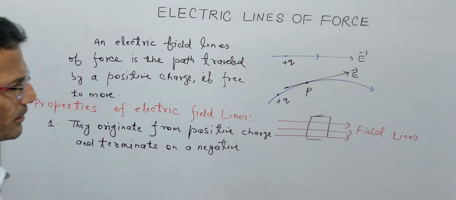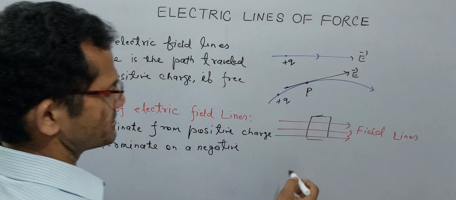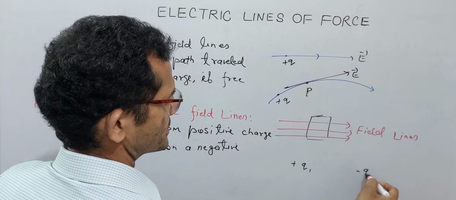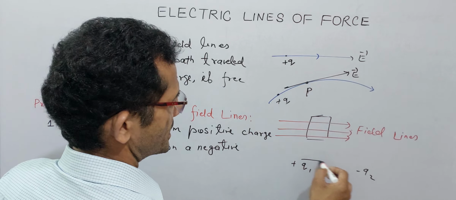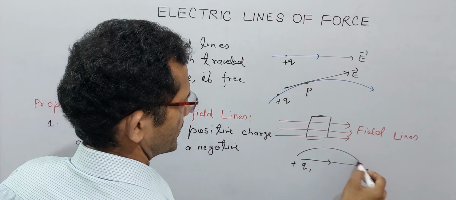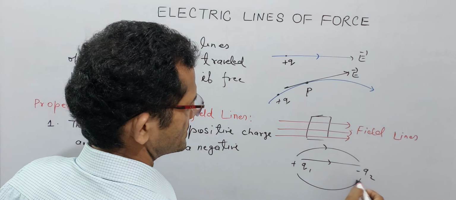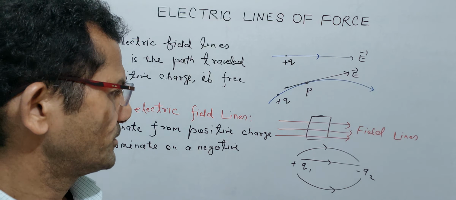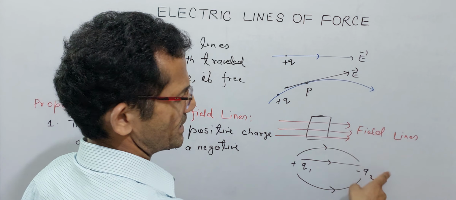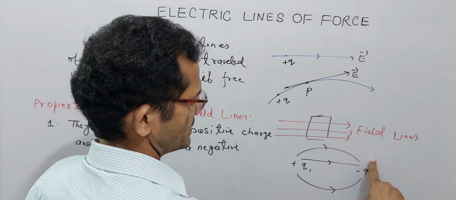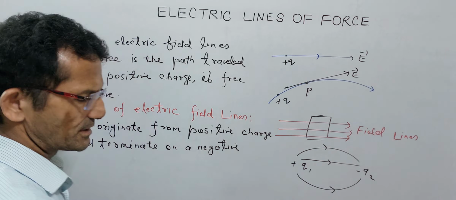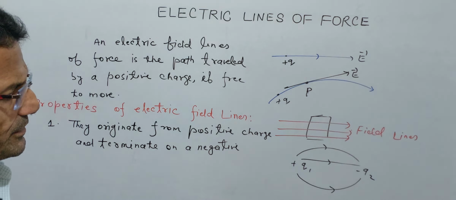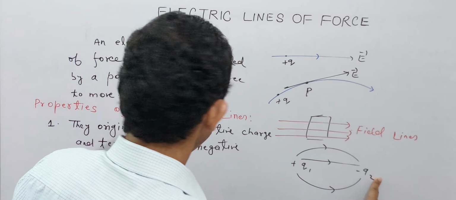So there is a positive charge here, this is q1, and this is a negative charge q2. They start from here and terminate on the negative charge. They are not continuous. They start from positive and end at the negative q2. They never come in a closed path like the magnetic field lines. These are discontinuous lines. They start from plus and end at minus q.